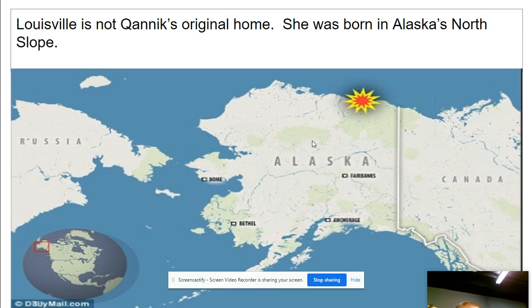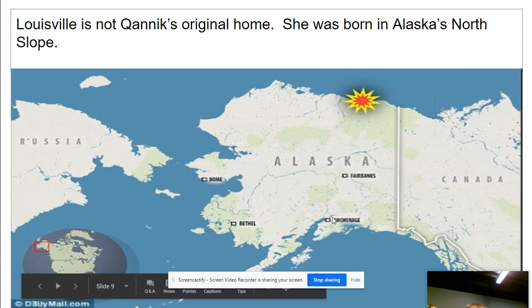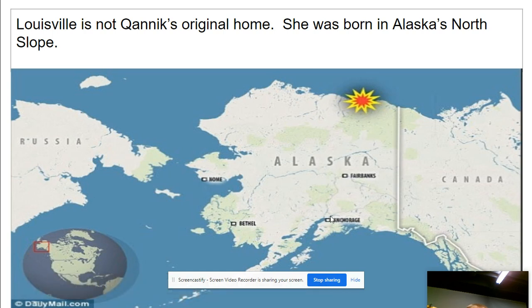So they got really worried about Kunik. They decided to contact zoos, and the Louisville Zoo said we will take this pup, this baby. She was flown in an airplane from Anchorage, Alaska, and you can see where Anchorage is. I don't know how she went from Alaska's North Slope to Anchorage.